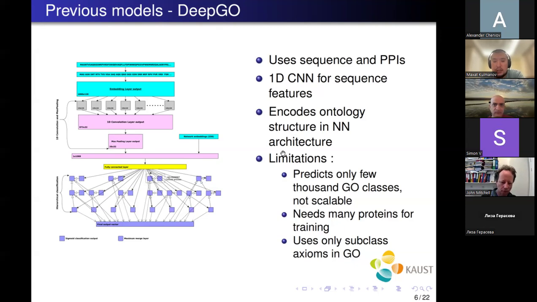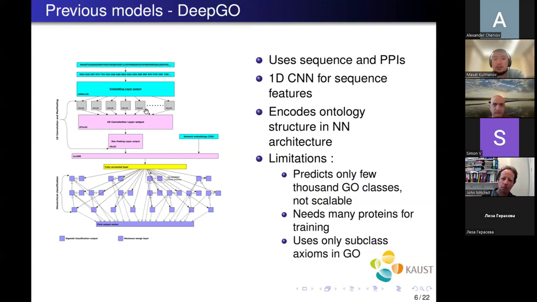I think in some evaluations we had good results, but in general, if we compare to other methods, it was not very good. We had some limitations here: we could not predict all GO classes that were there because we needed training data. I think out of these 50,000, we predicted only around 2,000 classes. And we did not use any sequence similarity based predictions here.